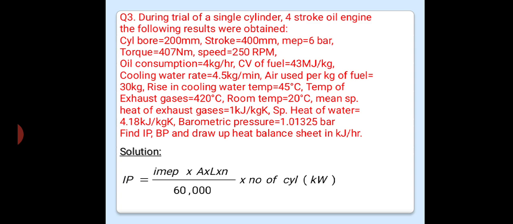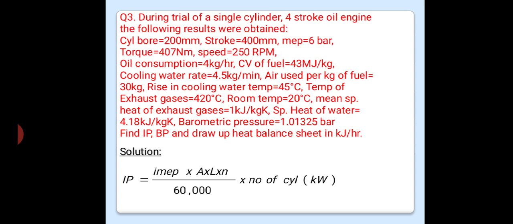Now for calculating indicated power, they have mentioned the indicated mean effective pressure in this problem, that is 6 bar. Area we have to calculate, L they have given, and N.